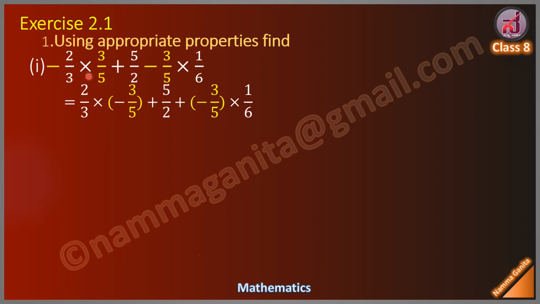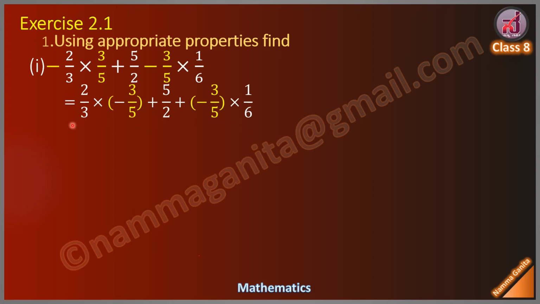Minus a into b is same as a into minus b. Okay. Then write the plus sign, 5 upon 2 here. Minus 3 upon 5 is same as plus into minus 3 upon 5, because plus into minus is minus, into 1 upon 6.